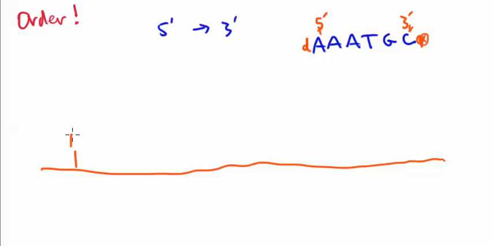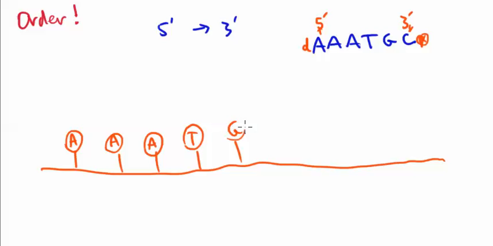And then here I get my first base of an A, and then another A, and then another A, then a T, and somebody give me a G, and then a C. And then I'm just going to put dot, dot, dot, because that could continue on. And I'm going to put dot, dot, dot here, because that could continue on in that direction as well. But this is my 5 prime to 3 prime end.